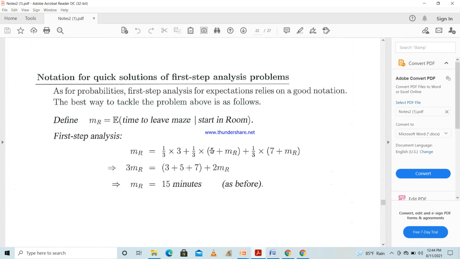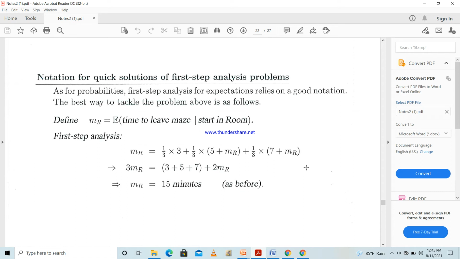So again we are coming to the initial point, and we are interested in the time to leave the maze given that we are in the room. So that is MR. So here we have 5 plus MR. And in the third option, the probability is 1 over 3, and the time is 7, but we will come back to the same point.